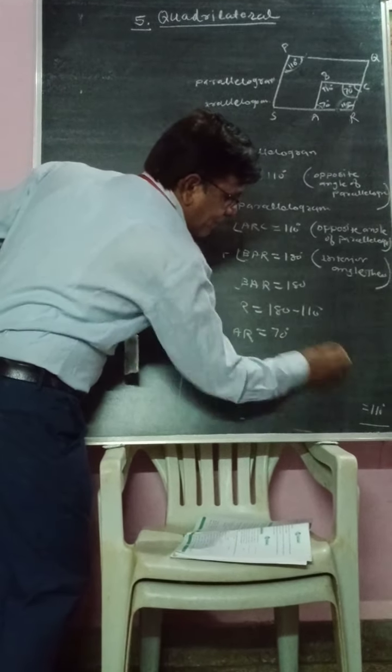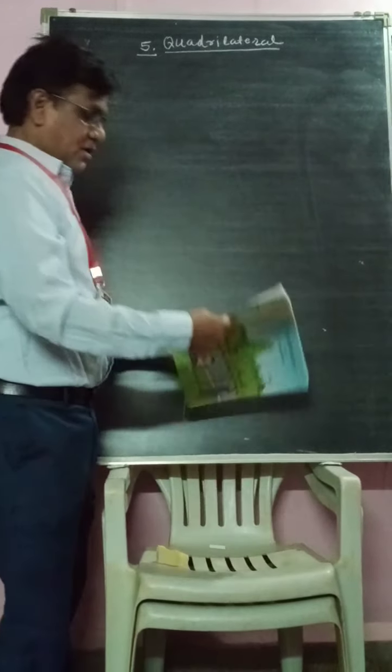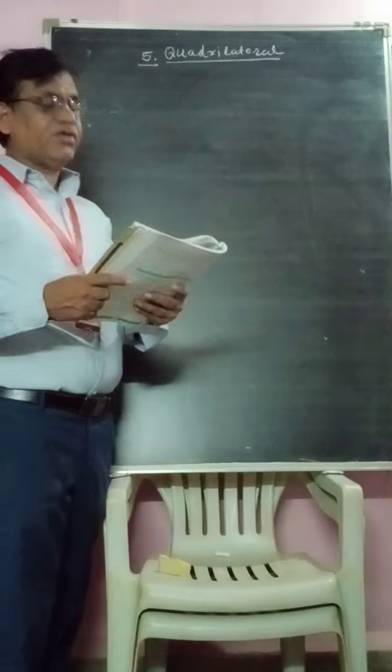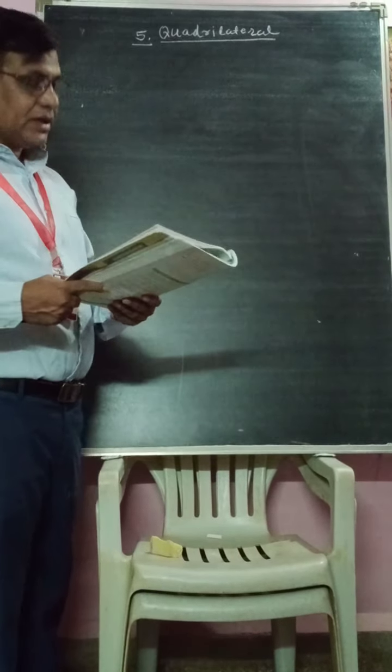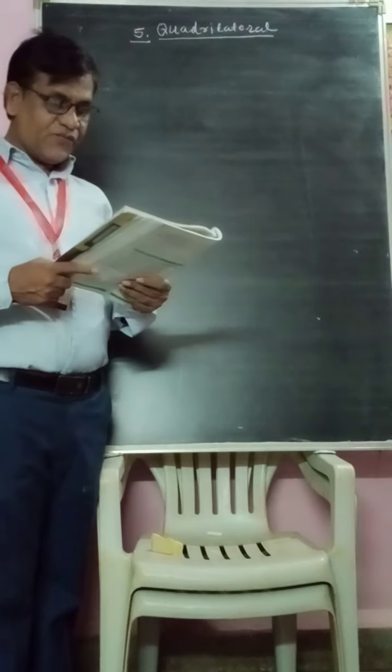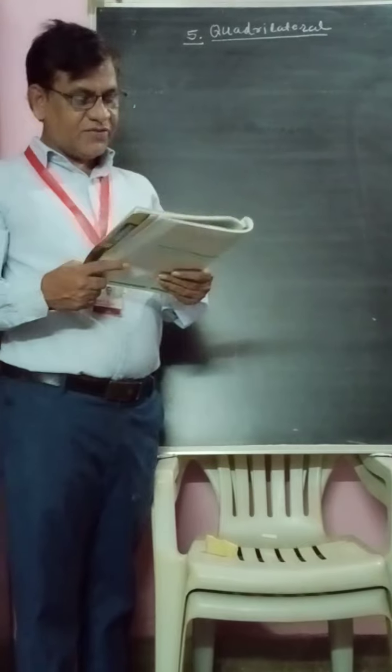See here now. The theorems are there, that is, tests of parallelogram. Now the first theorem is: if a pair of opposite sides of a quadrilateral are congruent, then that quadrilateral is a parallelogram.